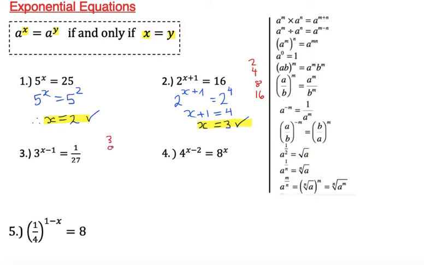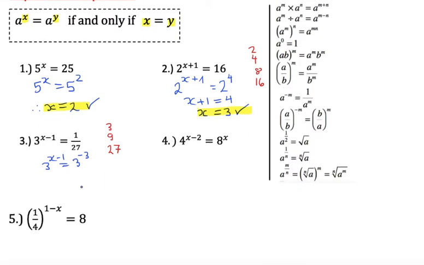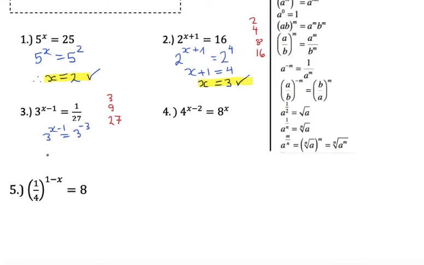And then it's just going to have to be negative in order to change floors to come up to the numerator. Okay, minus 1. Okay, I can now ignore the base, and my equation is x minus 1 is equal to negative 3.